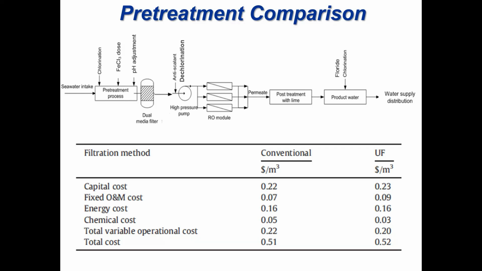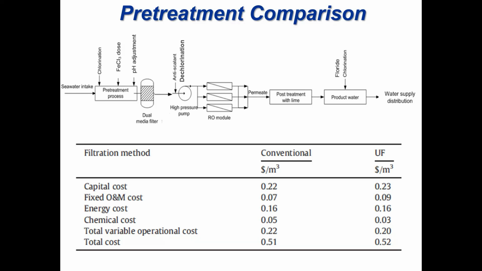O&M cost is a little bit expensive. Energy cost is similar. Chemical cost is a little bit lower. And operation cost, because the membrane can be designed as an automatic system, you can have a better design. And total cost, ultrafiltration is a little bit higher, just a little.